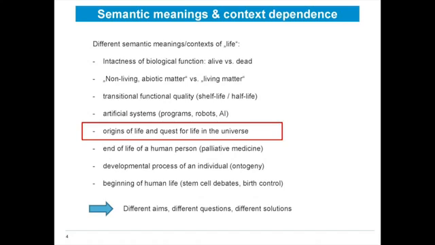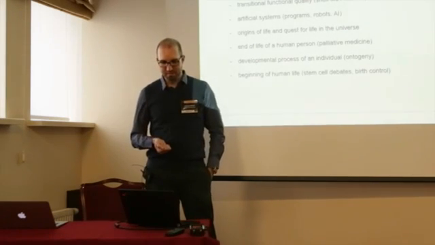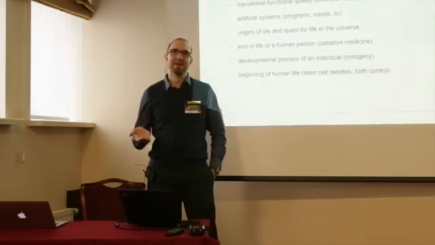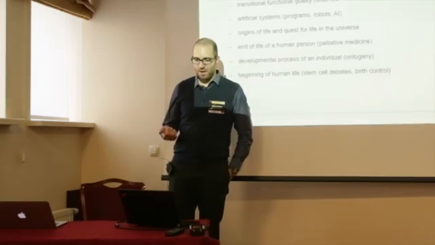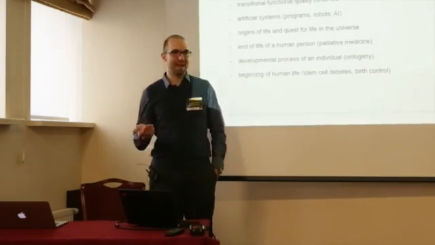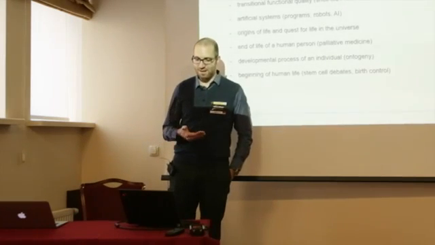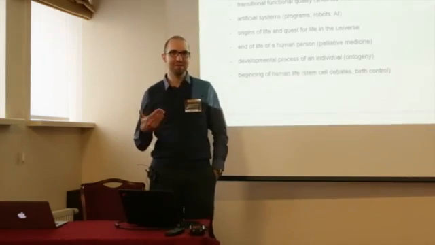Maybe a drug has a half-life or a shelf life. With artificial systems, if we want to know if a computer should be called alive, then we might put different measures on that, as if we want to know if a human person is dead or alive, or if we are in the stem cell debate or birth control debates where we want to know where is the beginning of human life.